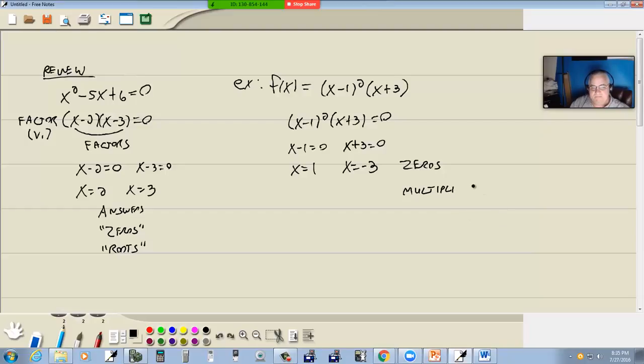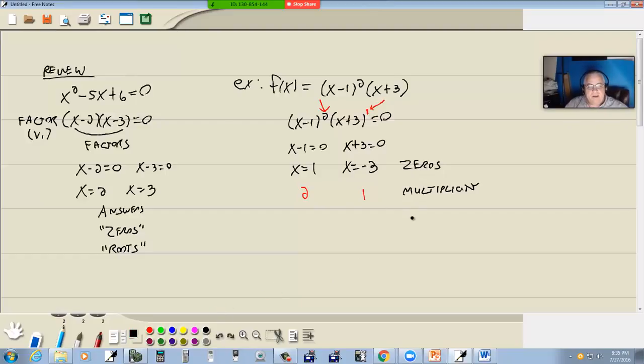Multiplicity. Multiplicity is how many of them do you have? And it goes back to your powers here. Here we had the second power, which means that multiplicity is 2. Here, if I were to put it, it'd be a multiplicity of 1. So those would be our multiplicity.